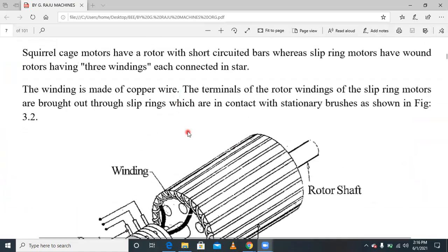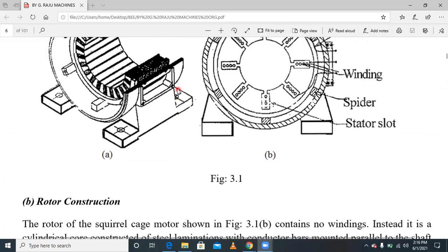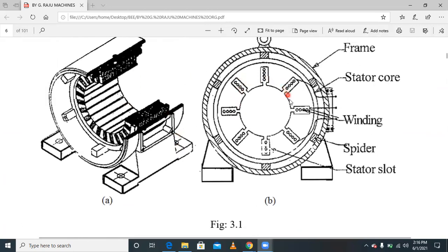This is the stator winding. In this curved stator core, the windings are placed in the slots like this. In this stator, the magnetic field is rotating. It is a three-phase star connected or delta connected system.